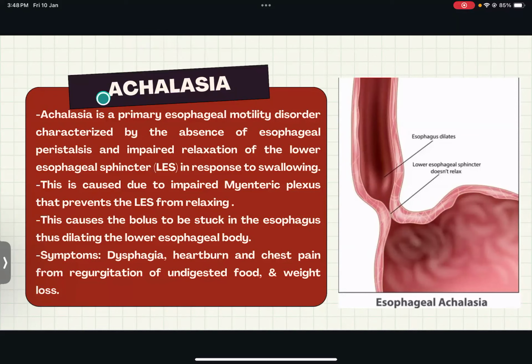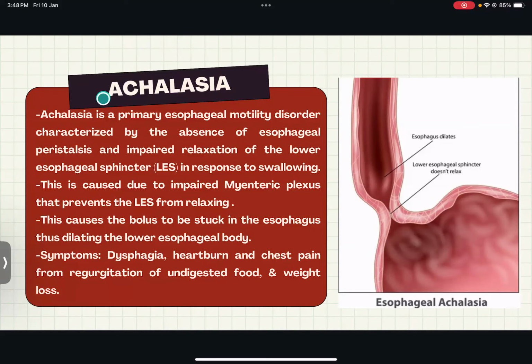It's a primary esophageal motility disorder characterized by the absence of esophageal peristalsis and impaired relaxation of the lower esophageal sphincter in response to swallowing. Just simply put, the lower part of the esophagus does not have peristalsis anymore, does not work properly, and the lower esophageal sphincter is impaired in a way where it does not relax.